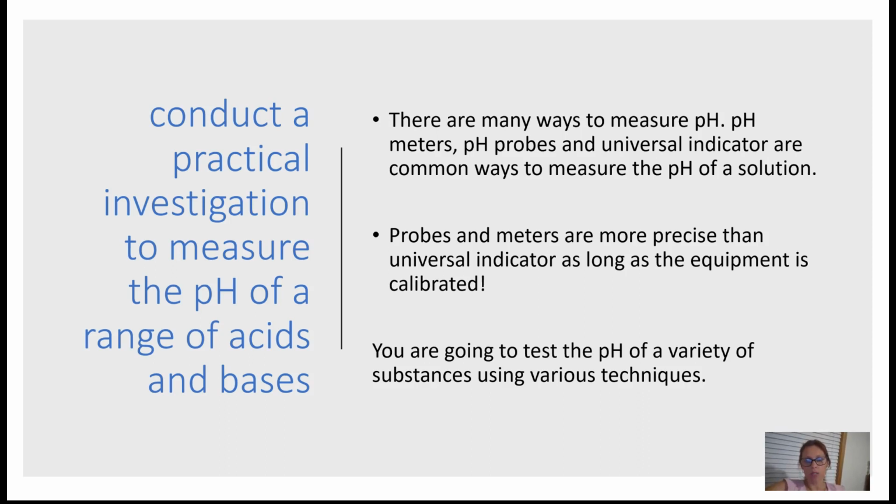We are going to do this tomorrow with our pH meters, our pH probes, and we're also going to use our universal indicator. You would expect that the pH probes or meters would be more accurate, or more precise, which as chemists is what we want. However, that is all dependent on them being calibrated. If they're not calibrated, then they may not be that accurate for us to use.